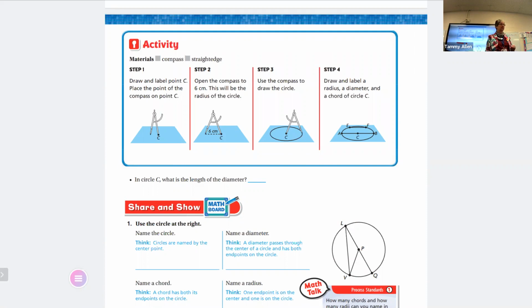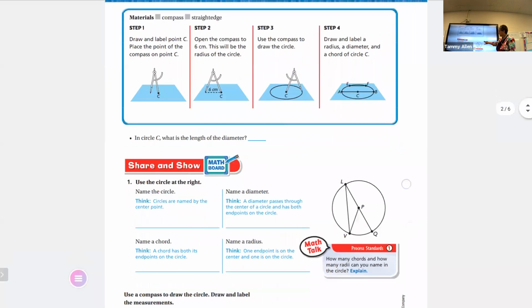Does that make sense? The string would act as the radius, because the radius is the distance from the center out to the circle, and you always want the radius to be the same as you go around. Okay? All right? Does that make sense? Questions on that?